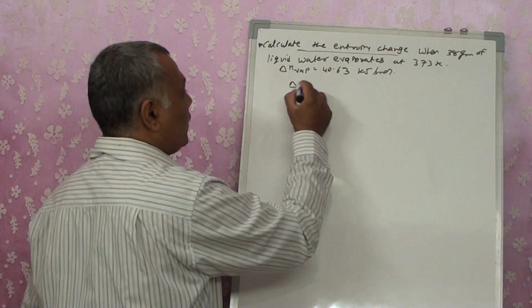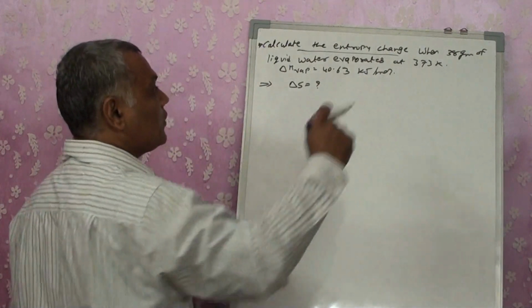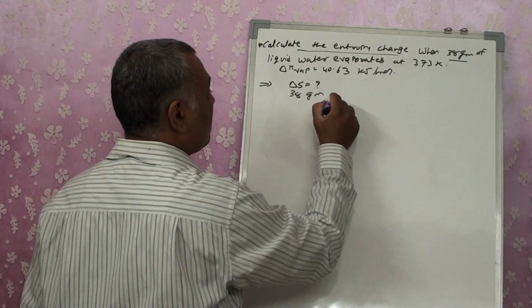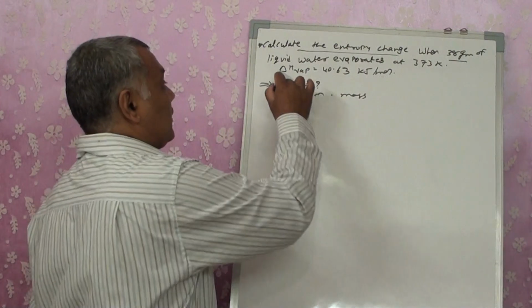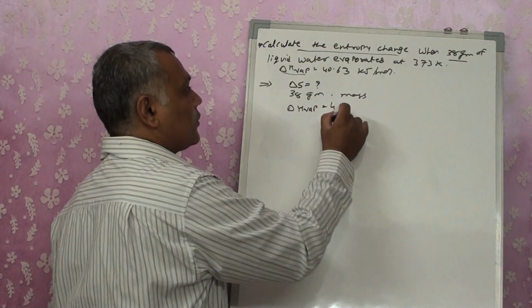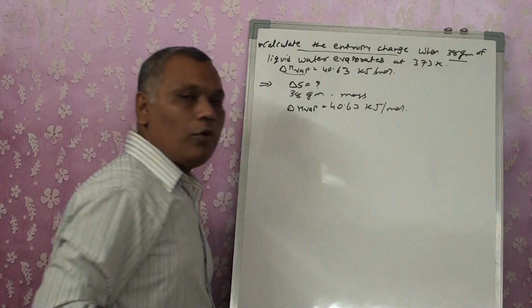That means I want to calculate delta S. What is the quantity that is given to us? 38 gram, that is mass, whereas delta H vaporization is given to us in kilojoule per mole.